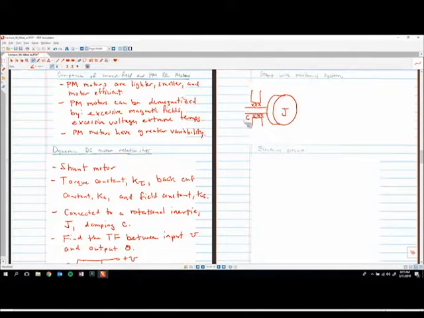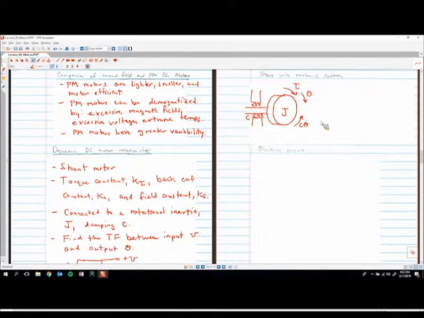And then if I want to try to look at Newton's laws, I could say that we have torque in this direction given by tau. We can give a coordinate to this, theta. And then we're going to have viscous damping, C theta dot, opposing that motion.